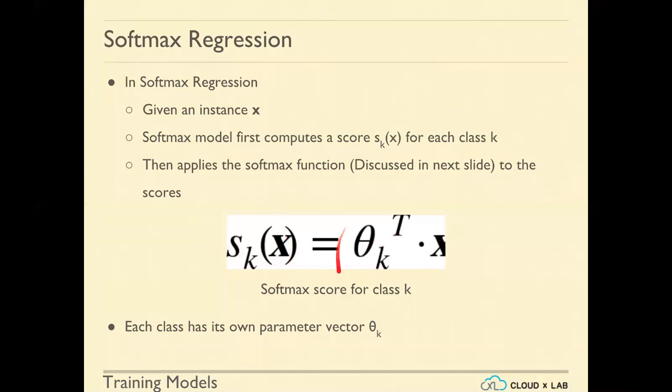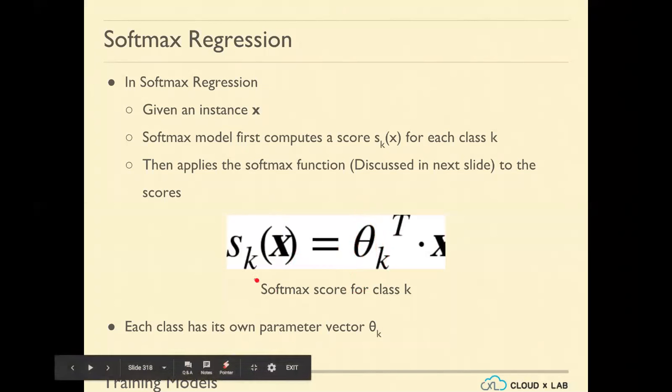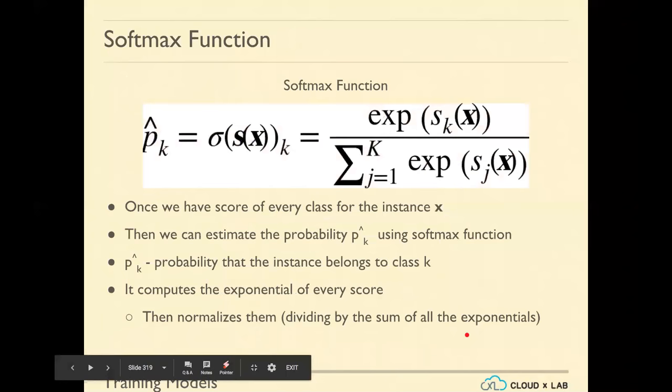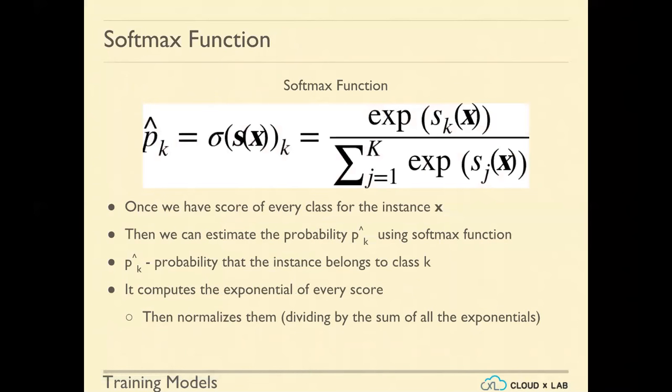For every class, it assumes certain theta values, then computes the score for each class for each record, and then applies the softmax function to the scores and uses that as the cost function.